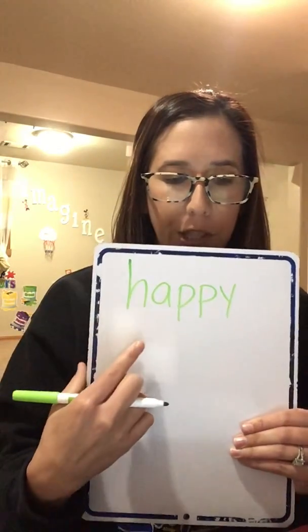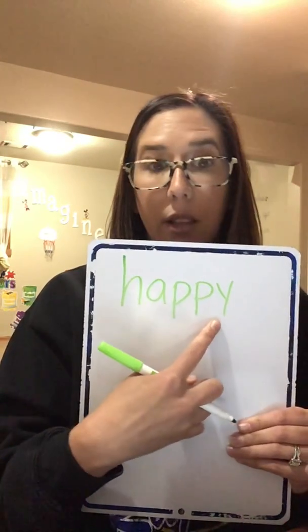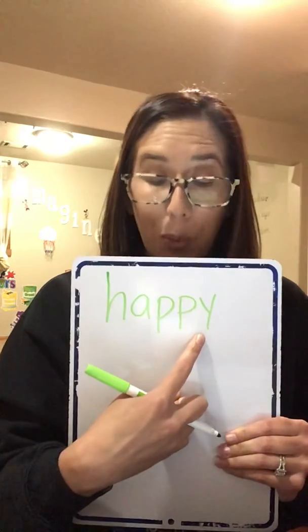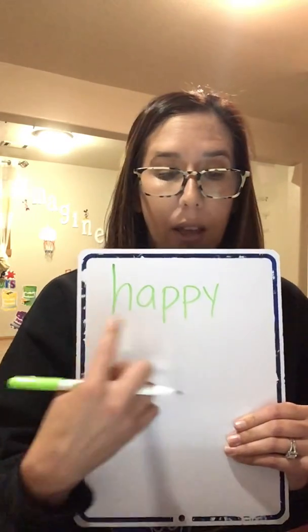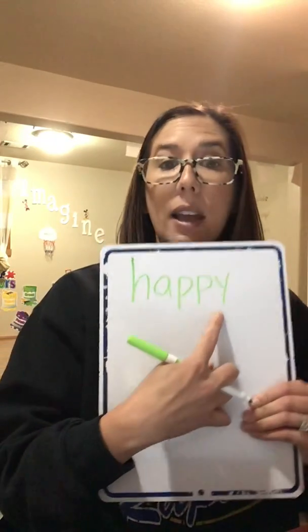Now, we have to take away the Y to add an I. We've done that before, okay? We are going to take away the Y and add an I plus our ending. So it becomes happy with an I and then ER.